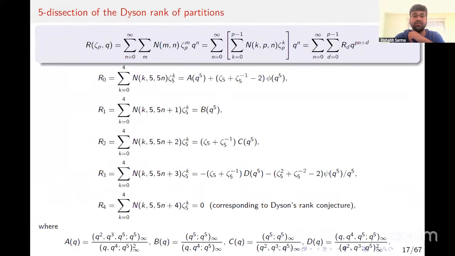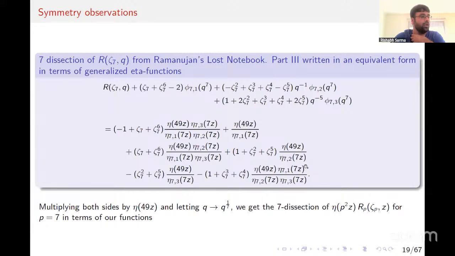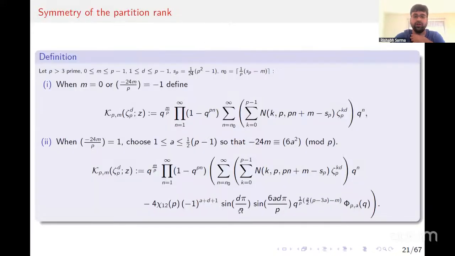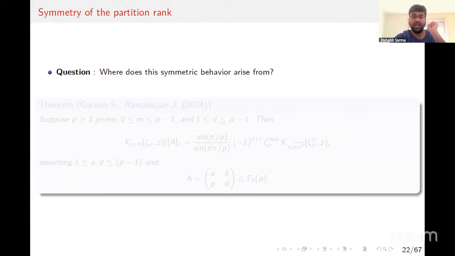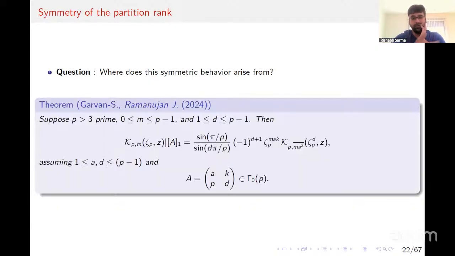If I go back to the 5-dissection, these are the correction factors, which when added, give you this entire factor over here. Those correction factors corresponded to the dissection elements for which this m below was a quadratic residue modulo p. Defining the dissection elements in this fashion, we can show that the symmetric behavior arises from the following theorem.